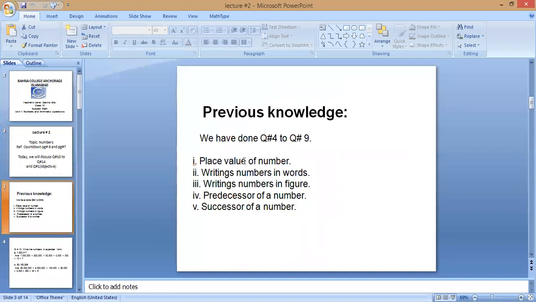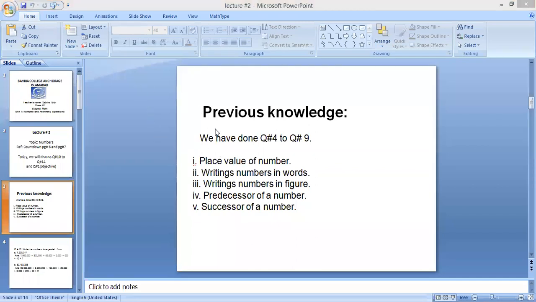What is the place value? Place value is actually ones, tens, hundreds, thousands, 10,000, 100,000, million, 10 million, 100 million. Yes, you have done the place value in the first lecture.